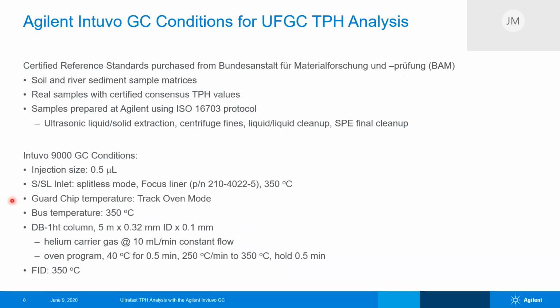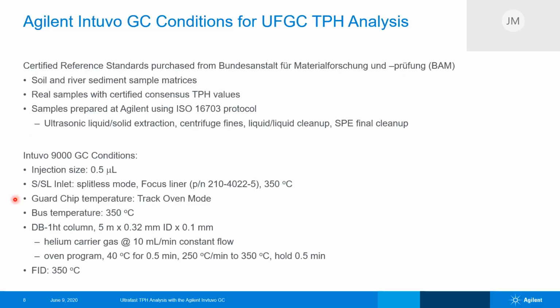Now, Intuvo has two other heated elements here that we need to be aware of. There's the guard chip. The guard chip is a device that's in between the inlet and the column that can be used to trap any heavy sample matrix from getting onto the column.